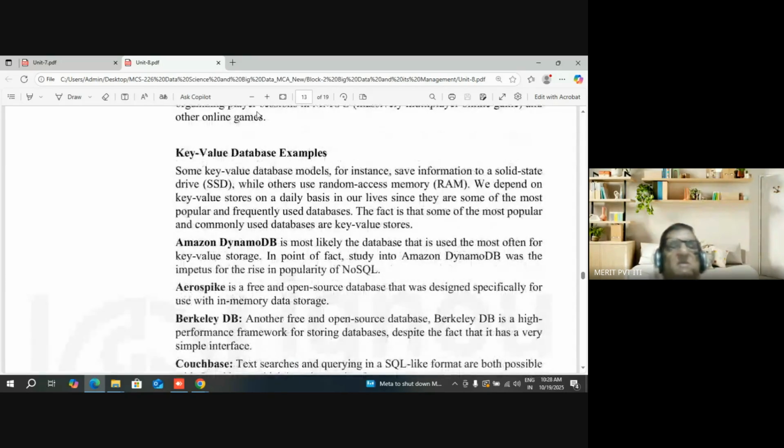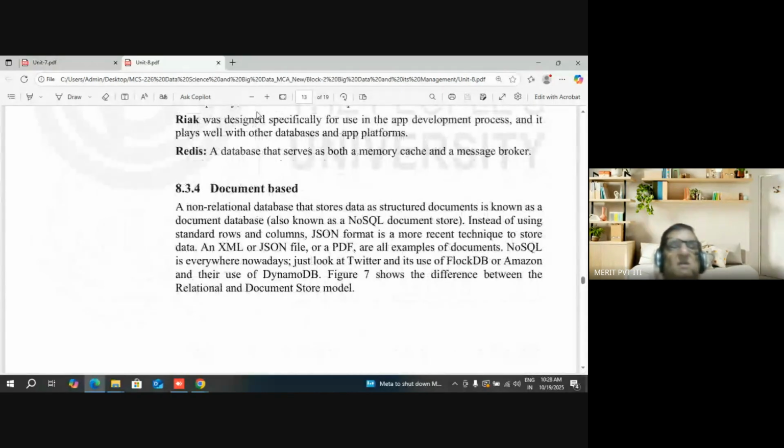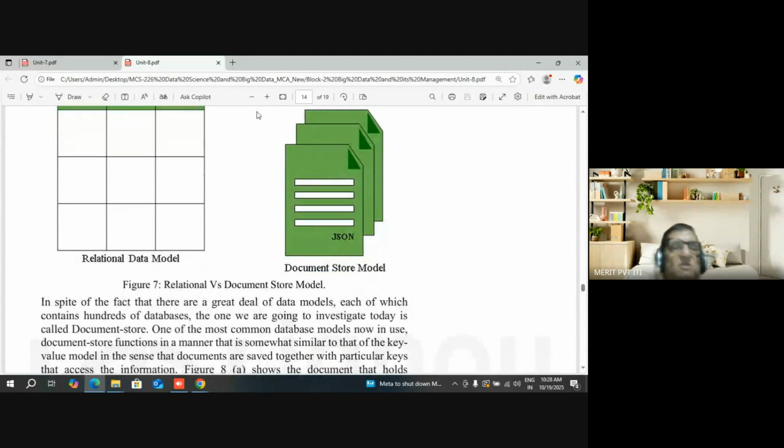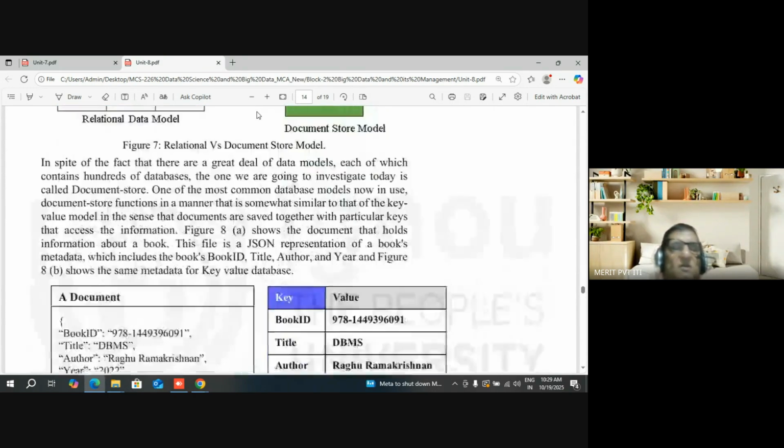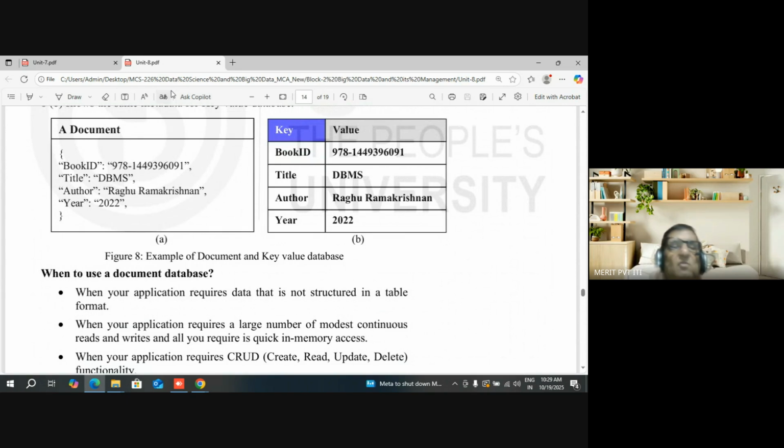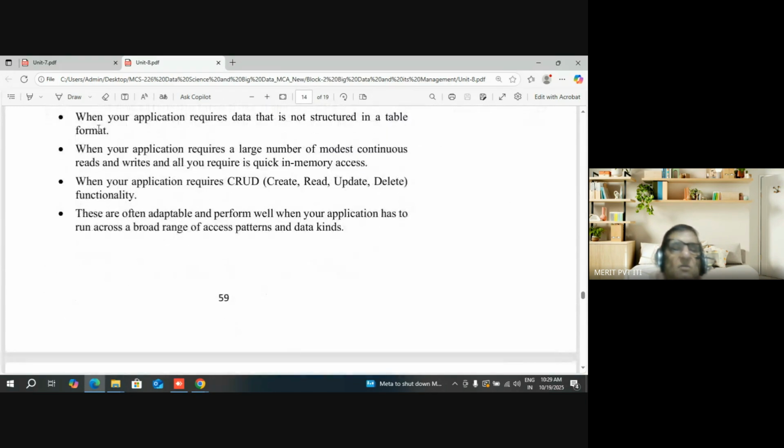Key value database examples. You can see document based examples. So these are the relational data models, document store model. These are the book ID, title, and all these things, author and year.